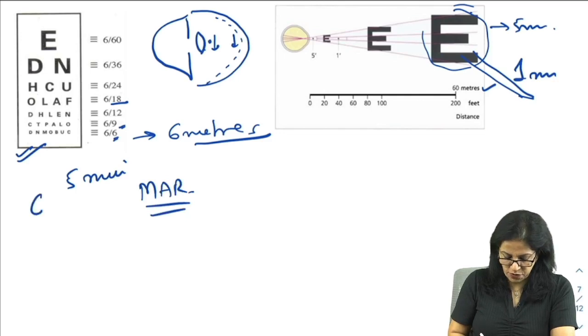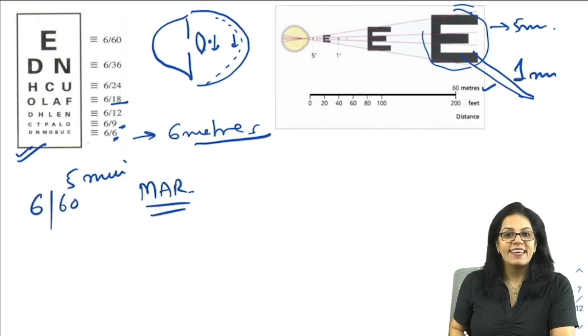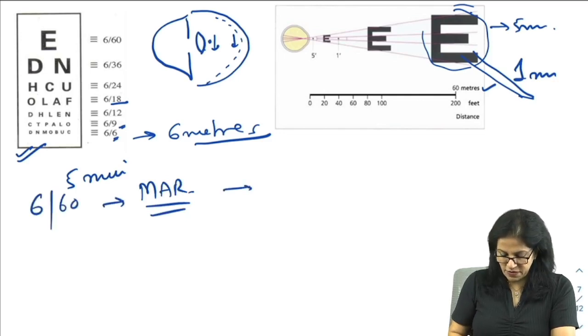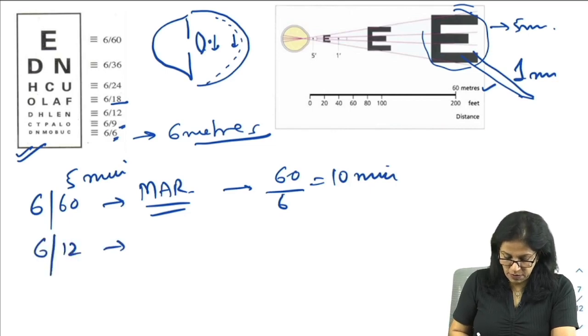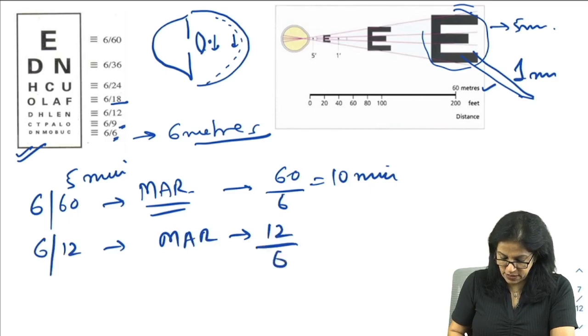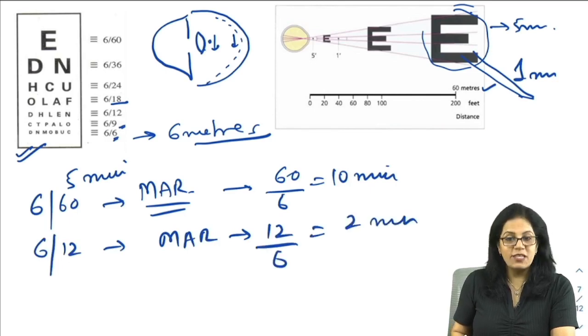Suppose I ask you for the line 6 by 60. Very simple, reverse the fraction. 60 by 6, this becomes 10 minutes. Life is easy. If I ask you 6 by 12, what is the minimum angle of resolution? Again, it becomes 12 upon 6, which is equal to 2 minutes, and so on.